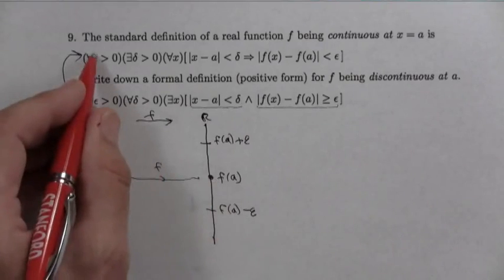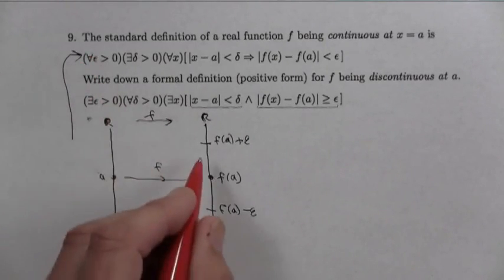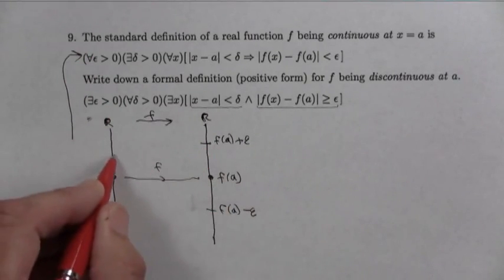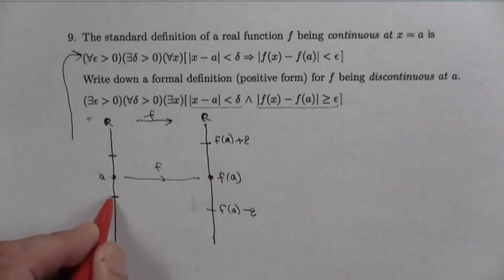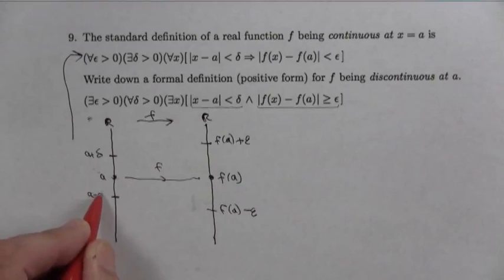And what this definition says is that given an epsilon in one of these intervals, I can find a delta. So here's a plus delta and a minus delta.